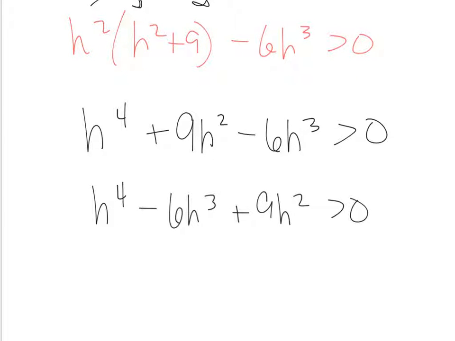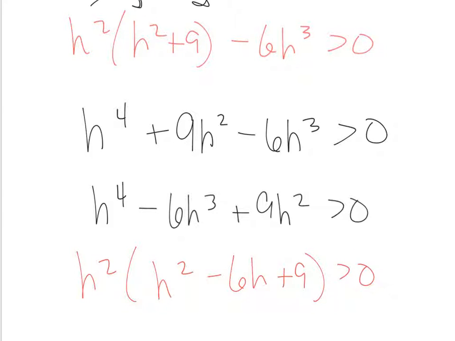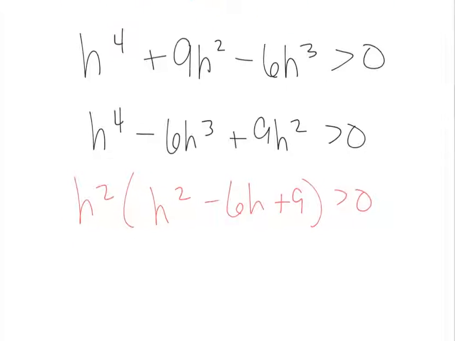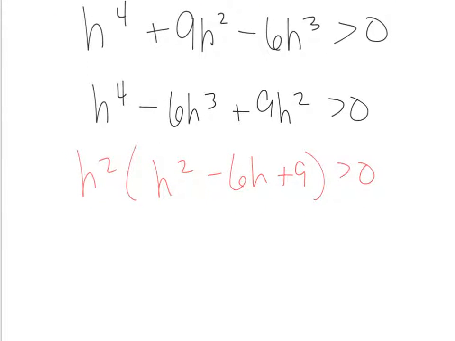Now what comes out? Will? H squared comes out. Really no more difficult than the last one, just a little bit of algebra. That's all it is, a little bit of algebra.